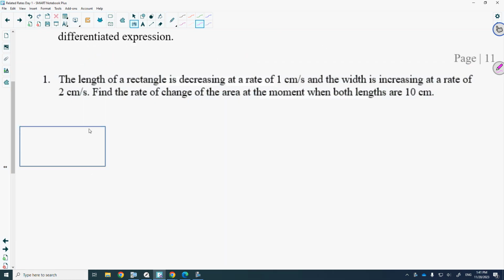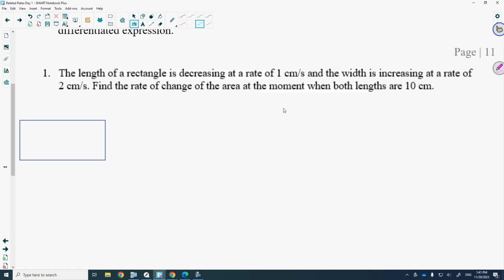What it says is the length of a rectangle is decreasing at a rate of 1 centimeter per second. So let's just underline that. The length of this rectangle is decreasing, so it's decreasing at a rate of 1 centimeter per second. So how we're going to write that is the rate at which the length is decreasing.